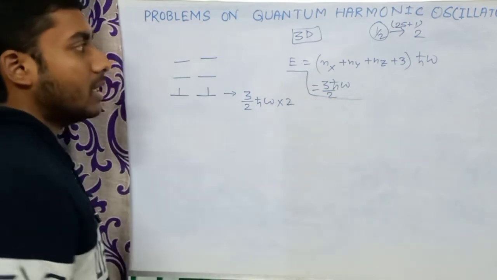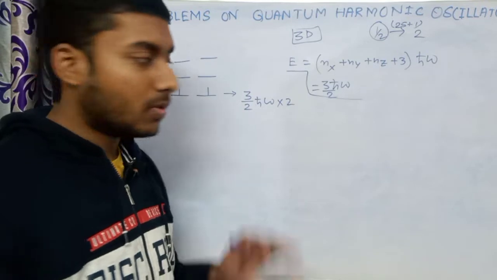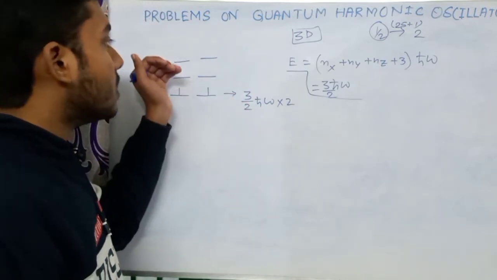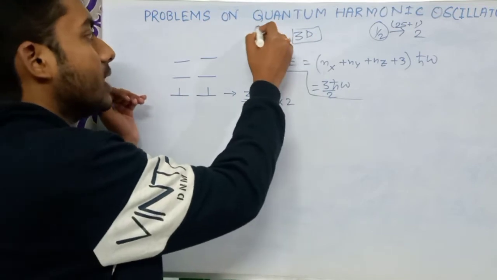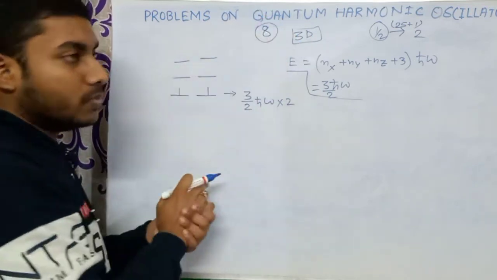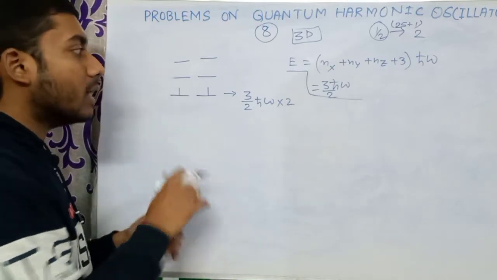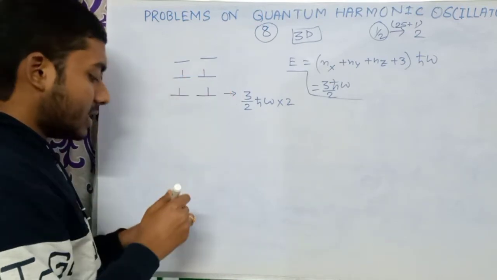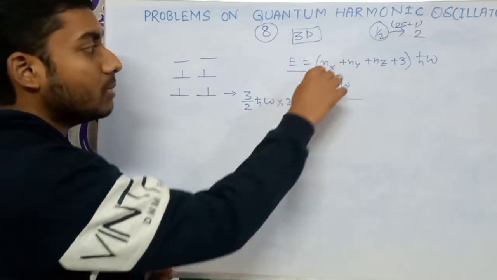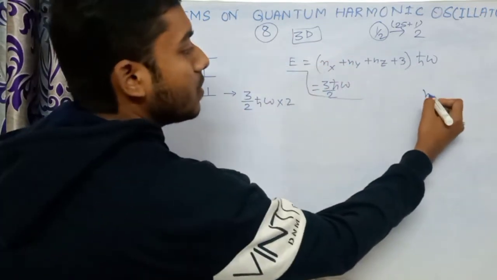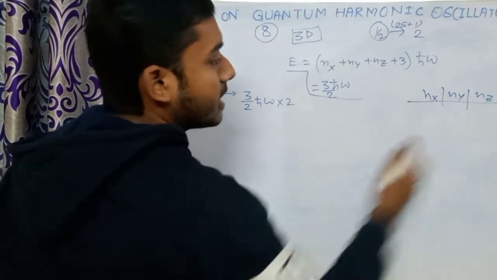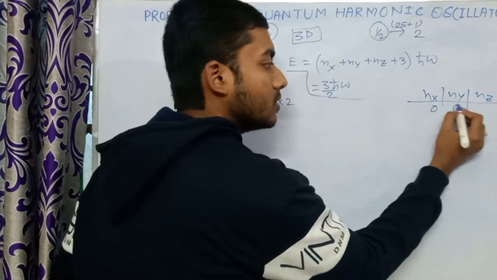Now here, as this is a three-dimensional quantum harmonic oscillator, and we have 8 electrons, right? Now 2 are filled. Okay, now the next two electrons will be placed where? In the first excited state. Now what will be the first excited state? The ground state was nx, ny and nz all 0.